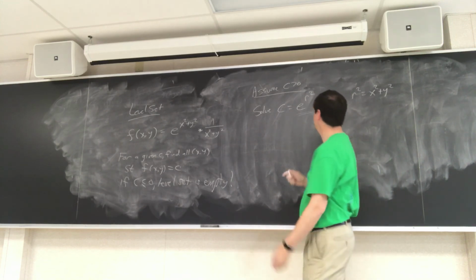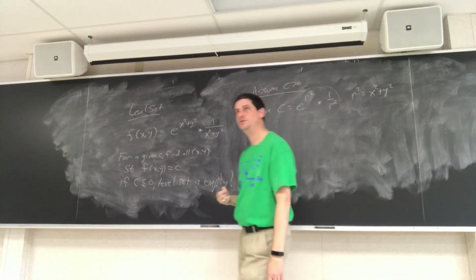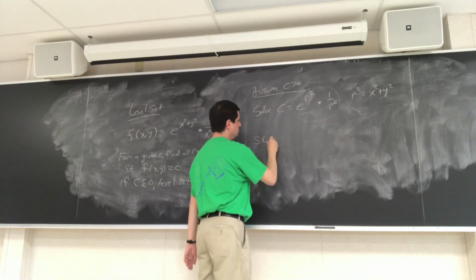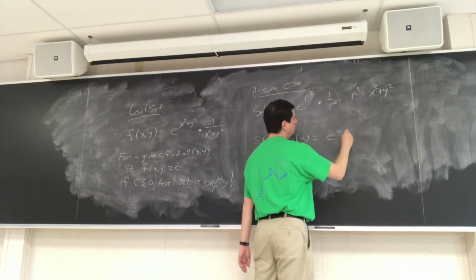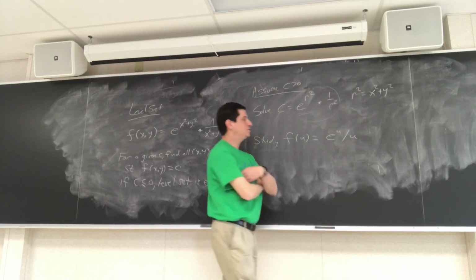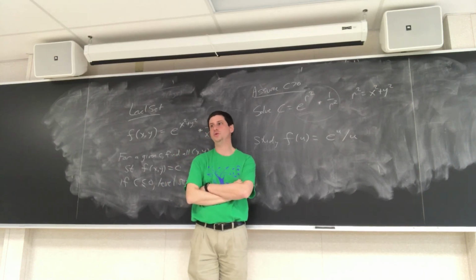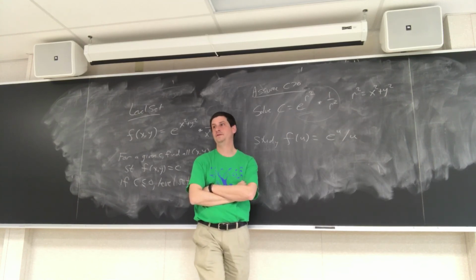So to some extent, you almost want to say, what's the minimum value of this? So I'm giving you a much harder problem than I would give you. What if I study f of u equal to e to the u divided by u? I could ask you, what's the smallest value of this function? And just let u equal r squared. Do you think you can make this function equal to a half?